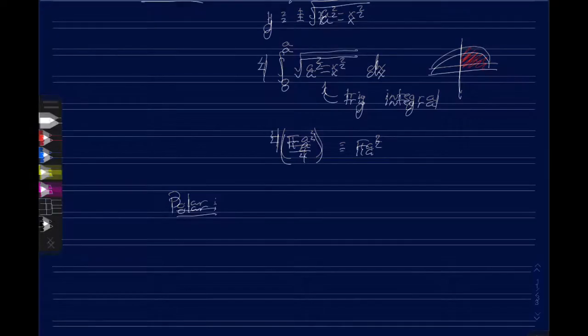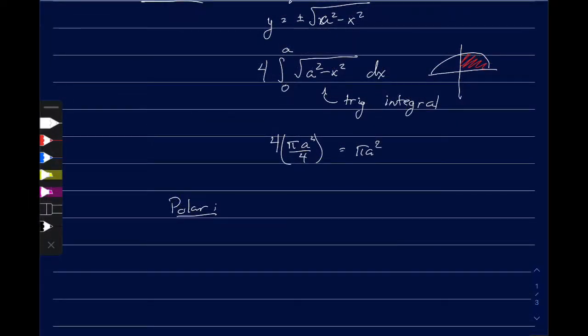But polar is a lot easier, because with polar coordinates, we don't have to divide our function into a bunch of parts. So we have the integral from alpha to beta of 1/2 r squared d theta. And we can just draw a circle, the whole thing, and shade in the region that we want to find.